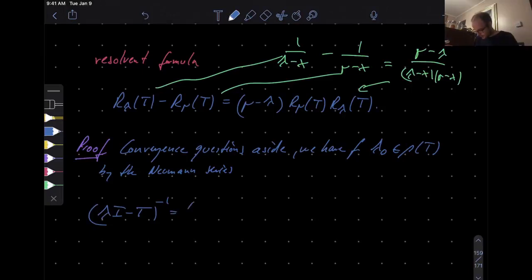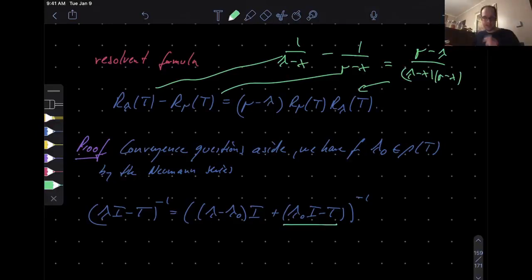Okay, then here's a little bit of trickery. Subtract something and add it in again, lambda naught I minus T. And I'm doing this because, since lambda naught is in the resolvent, I know precisely that this green underlined thing is invertible, right? I don't know this yet for lambda, but I know it for lambda naught.